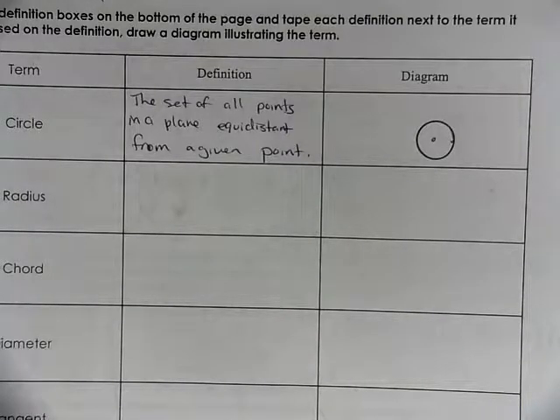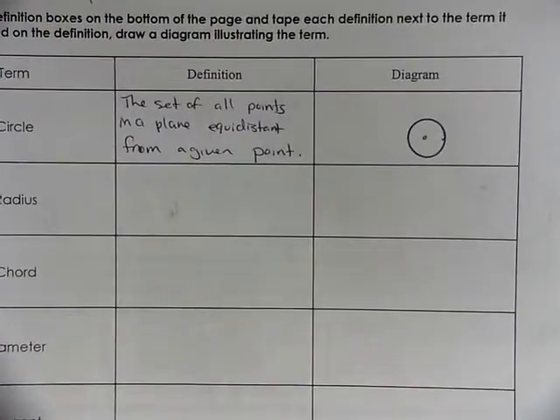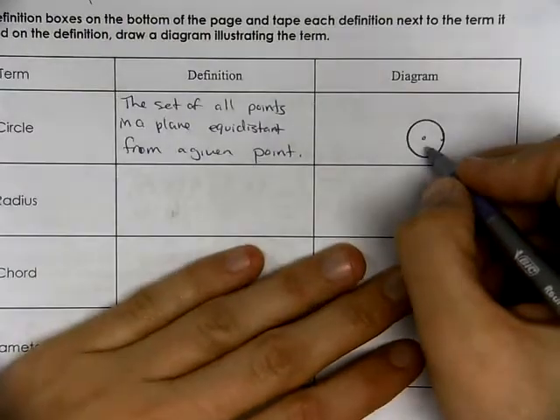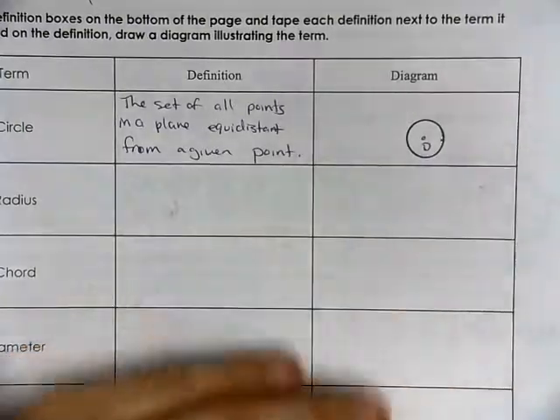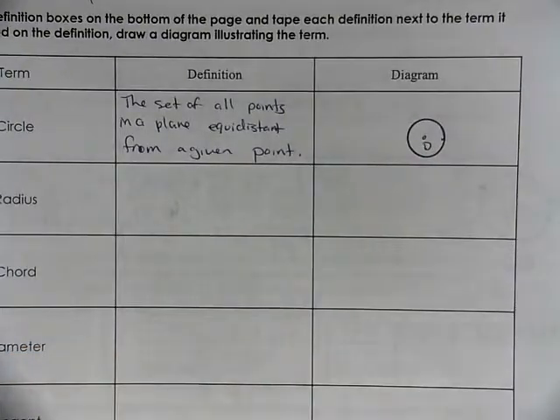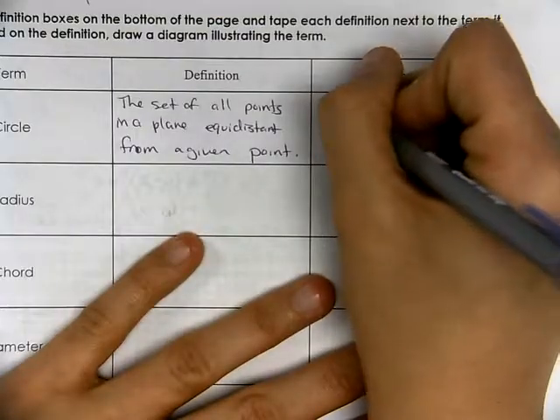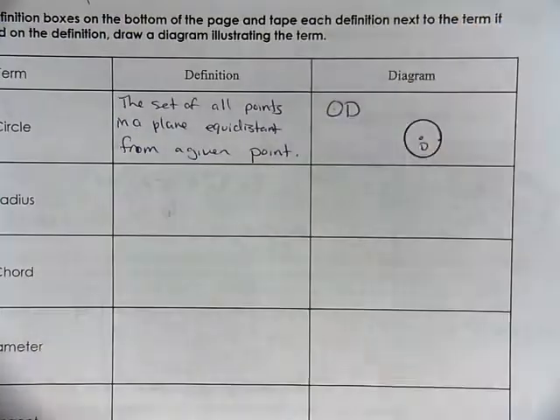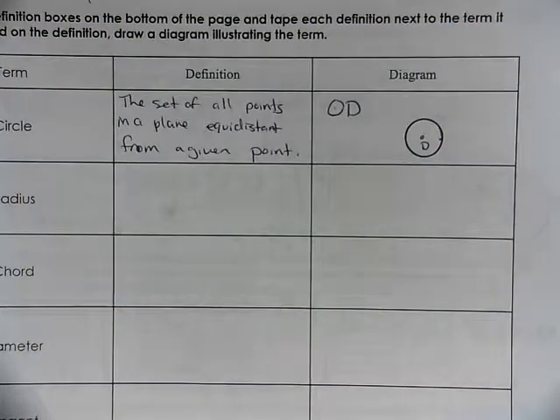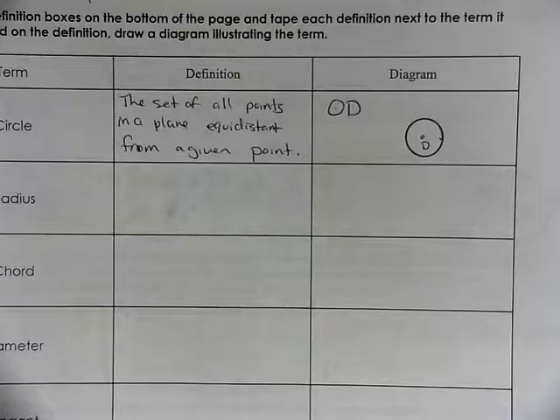Sometimes you'll see in the book, if I put a D there, they'll say circle with a dot and then D. They're talking about circle D, especially if it gets confusing when there's a bunch of circles in a diagram.